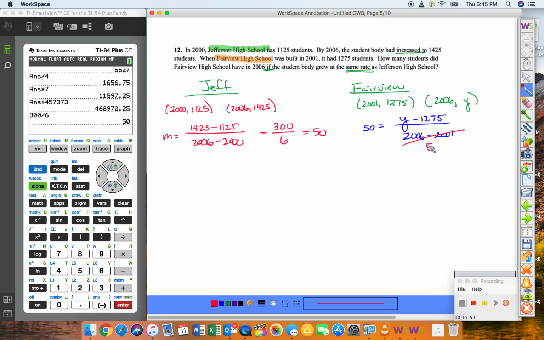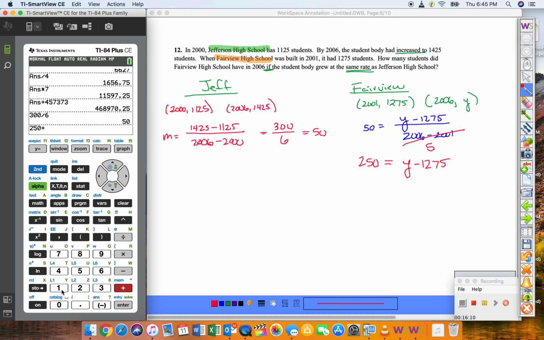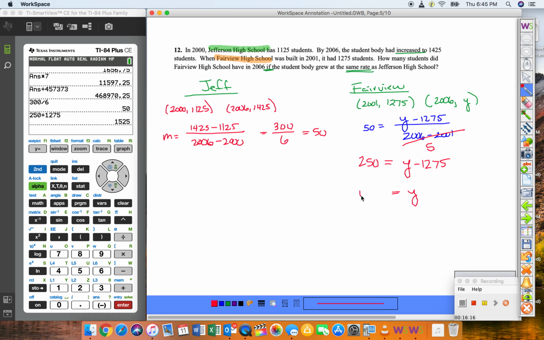Clean this up to be 5, and let's multiply. 5 times 50, 150, or sorry, 250. My bad. 250 equals y minus 1275, and then just totally add 250 plus 1275 gives us a grand total of 1525 students.